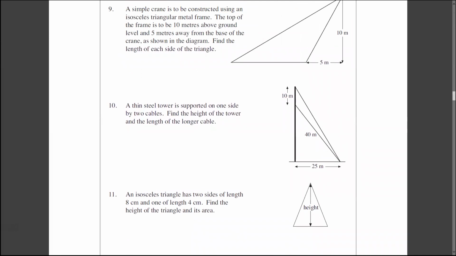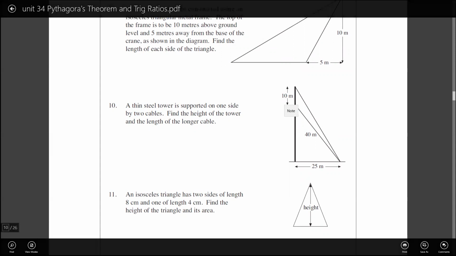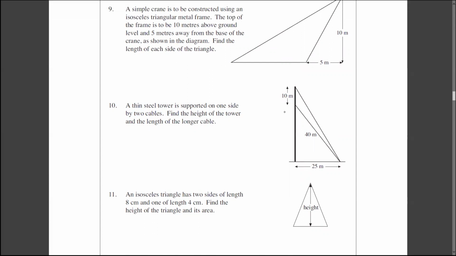Another interesting question. A thin steel tower is supported on one side by 2 cables. Find the height of the tower and the length of the longer cable. You would simply find the height here from the base to this cable. Because you have 25 and 40, 40 would be the length of the inner cable.